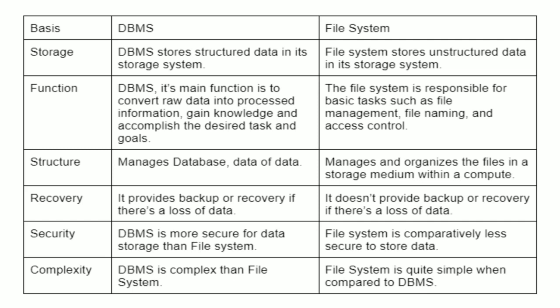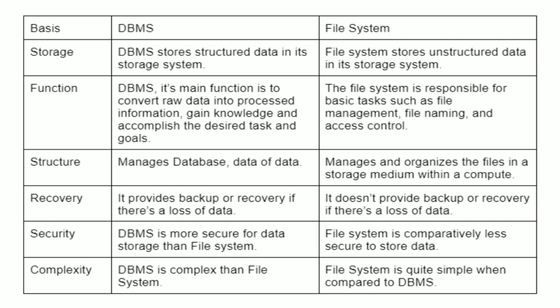Second one is function. In DBMS, the main function is to convert raw data into processed information, gain knowledge and accomplish the desired tasks and goals. But the file system is responsible for basic tasks such as file management, file naming and access control.